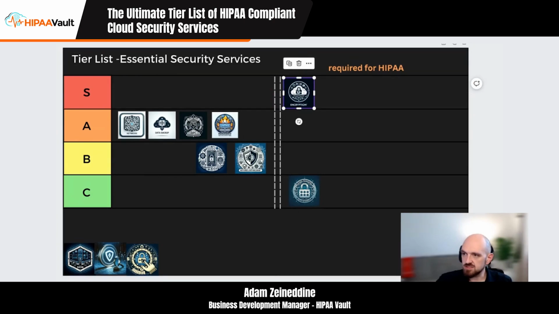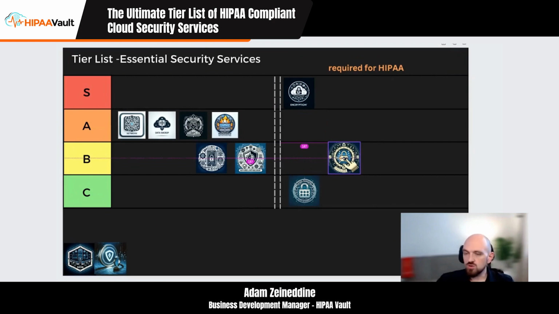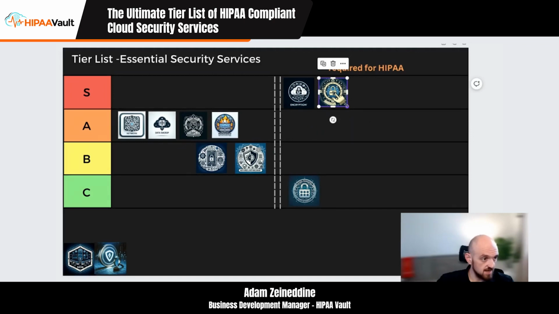Next is access control management. Also required for HIPAA. And again, this isn't a specific product. It's more of a concept. Access control management is having the right access control policies and tools in place to control access to the patient data. For example, if you're using Google Cloud, there's Google Cloud's IAM, Identity Access Management.